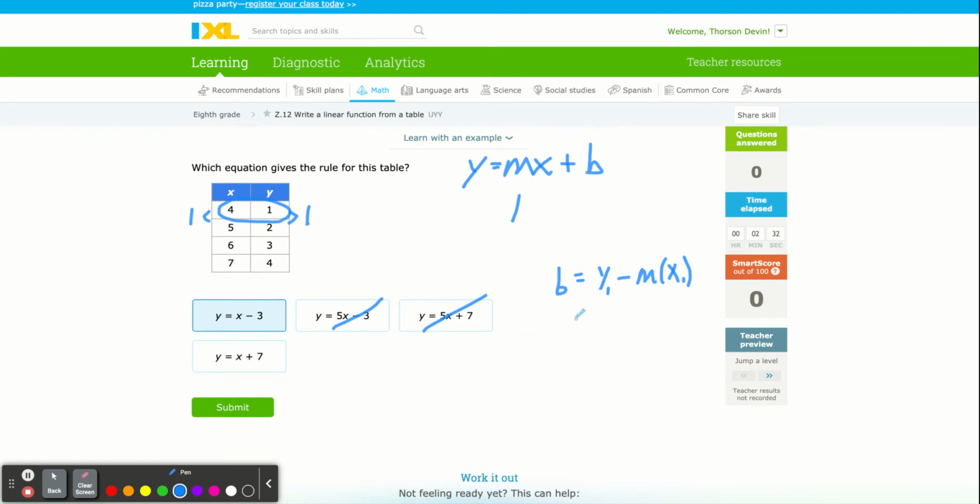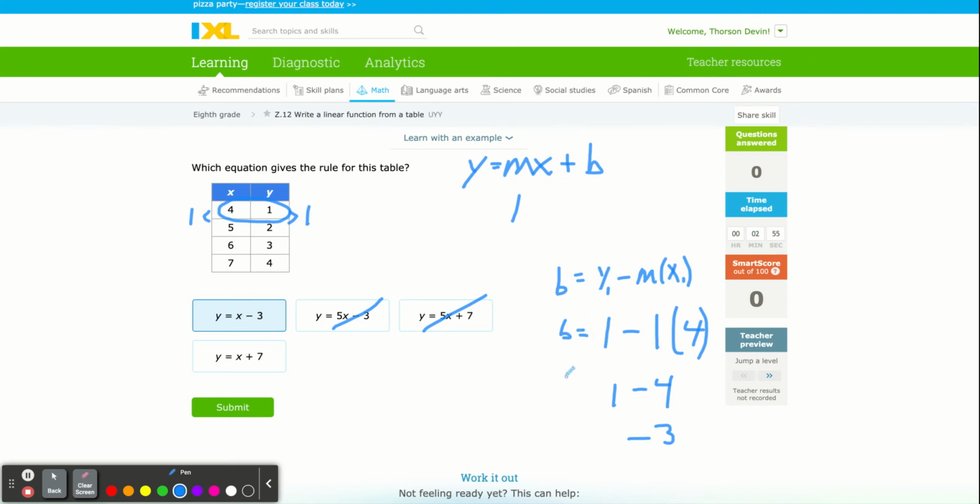So in other words, I'm going to say 1, because that's my y value, minus my slope I calculated to be 1 times the x value of 4. And so I get 1 minus 4, or negative 3, is my b value.